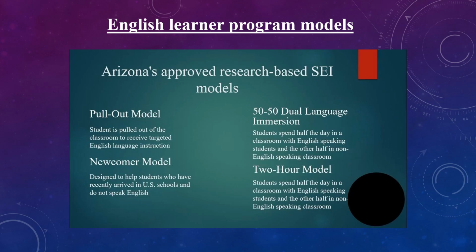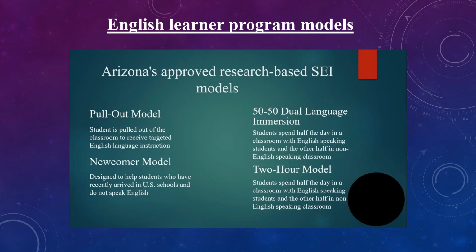Components of Arizona's approved research-based SEI models are the pull-out model, the newcomer model, the 50-50 dual language immersion, and the 2-hour model. The newcomers are students that have just arrived in the United States and are enrolling in school for the very first time. The pull-out model is where students must depart from their classrooms where everyone else is to get special instruction.